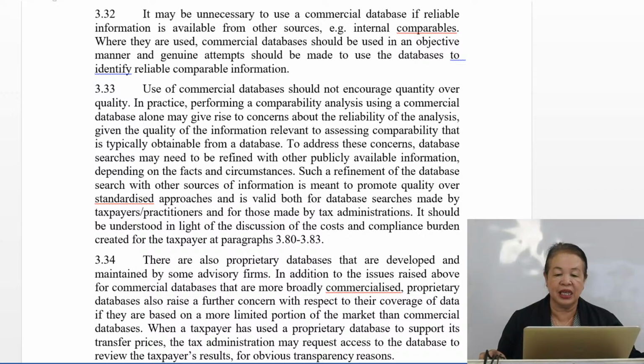Bakit quantity? Napakarami po ng data or information sa database. No? Millions ang data. In practice, performing a comparability analysis using a commercial database alone may give rise to concerns about the reliability of the analysis, given the quality of the information relevant to assessing comparability that is typically obtainable from a database.